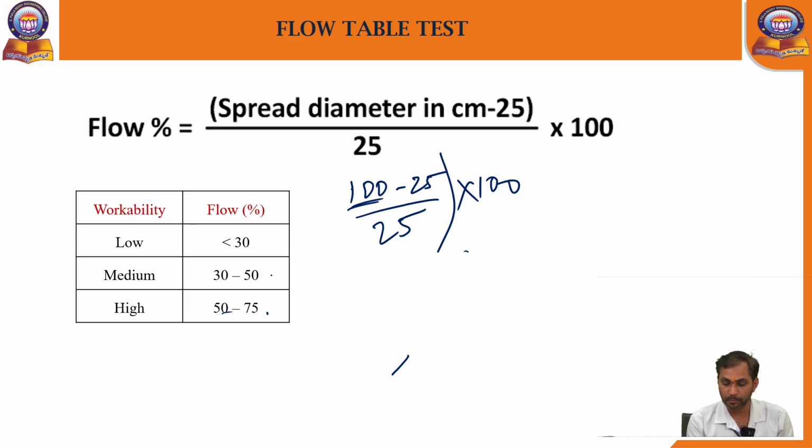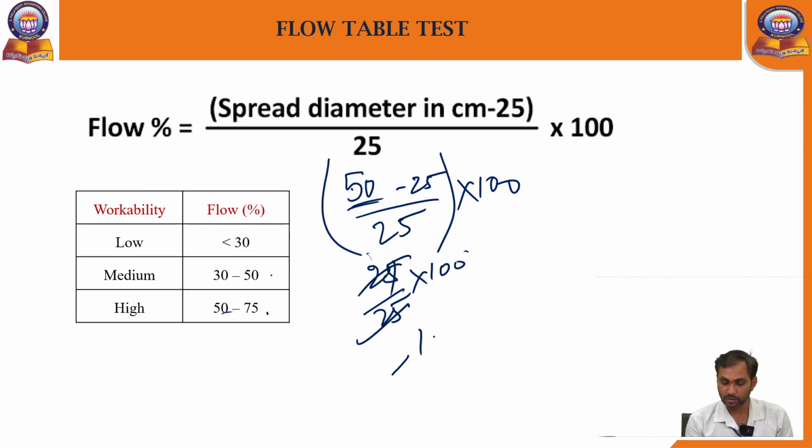For example, if you got 50 as the spread diameter, then 50 minus 25, 25 by 25 into 100, is 100, which is more than 75.